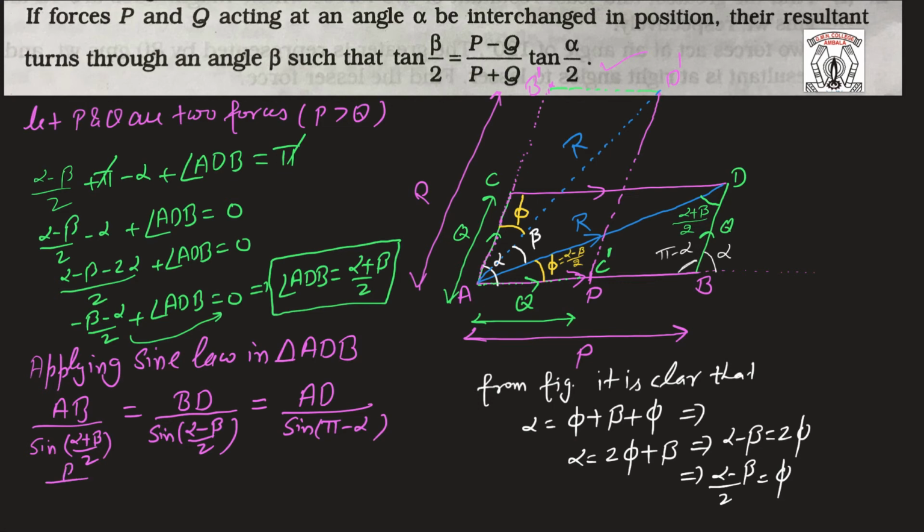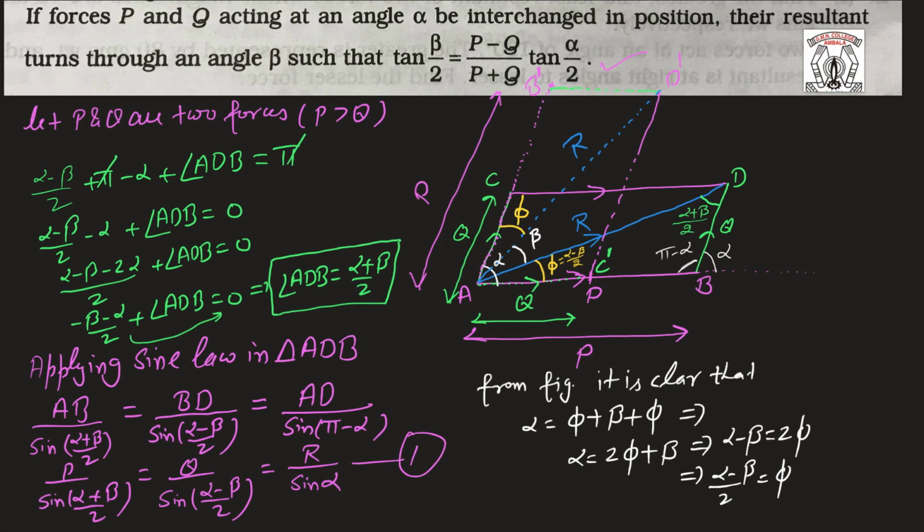P by sine of alpha plus beta by 2, Q by sine of alpha minus beta by 2 is equal to R by sine of pi minus alpha, which is sine alpha. These are the three terms, and you could name it as equation number 1.